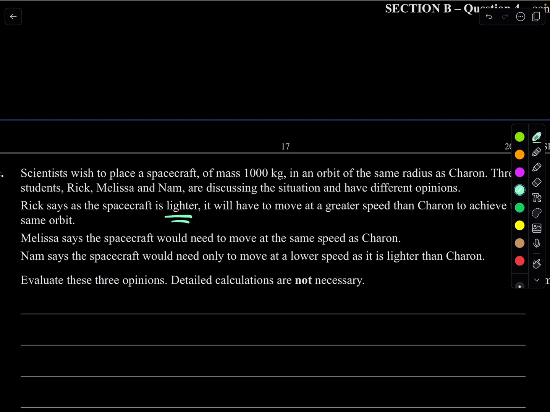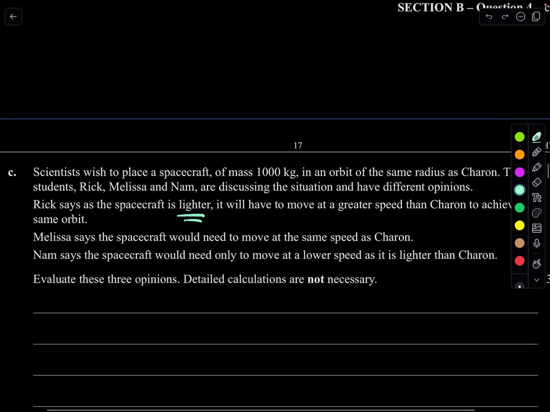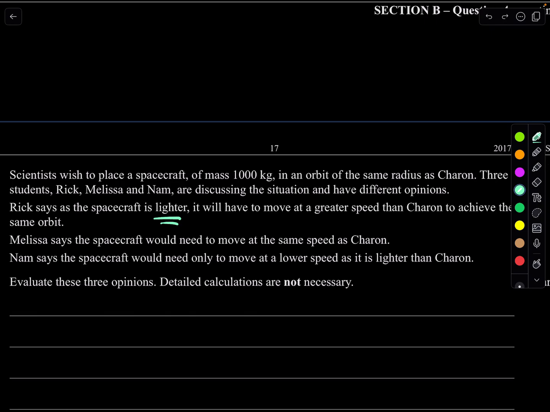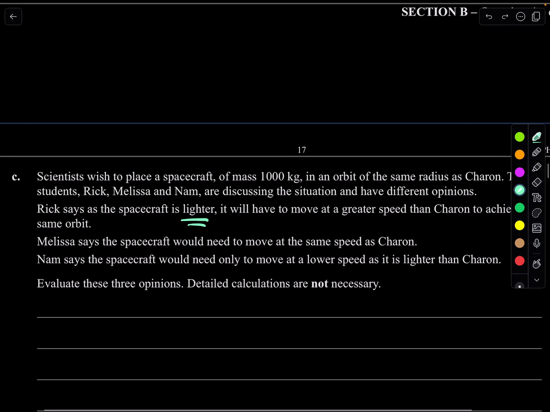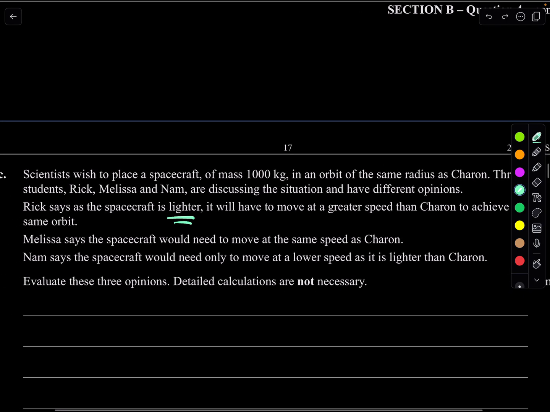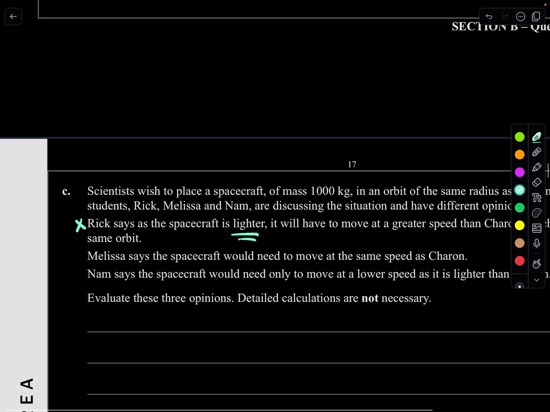Rubbish. It will move at pretty much the same speed, because it will be at the same radius as Charon. So nope, to achieve the same orbit, Rick is wrong. Remember, even though the spacecraft is lighter, it doesn't affect the velocity.